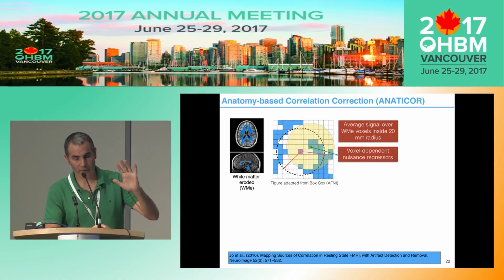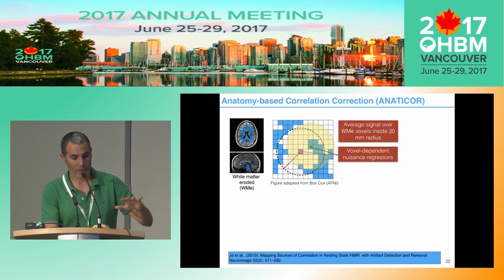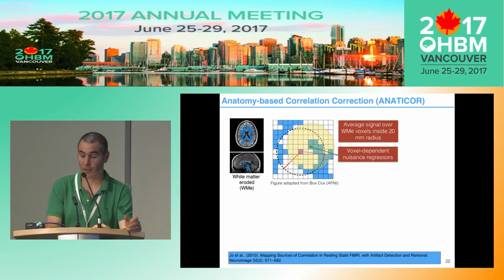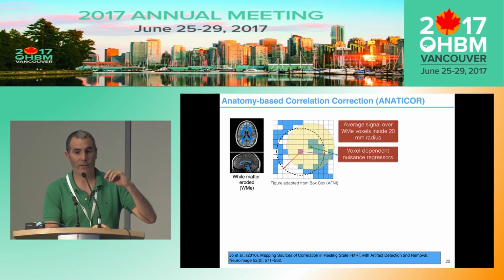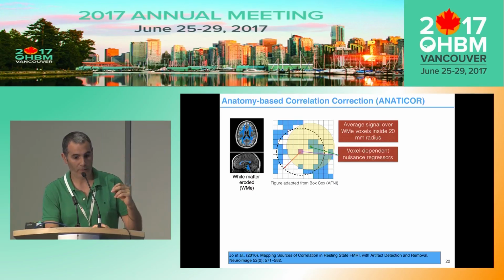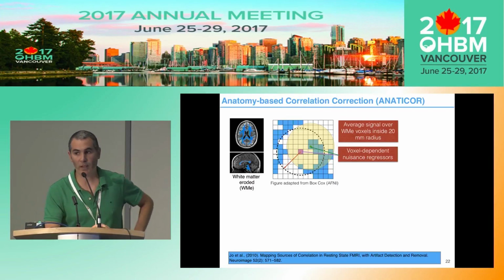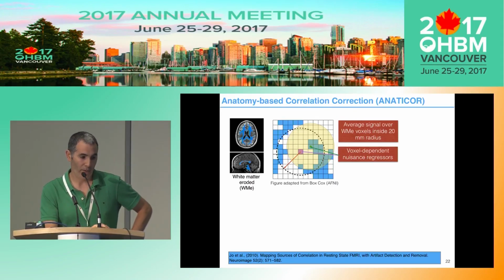But these approaches try to use the average of the white matter signal, the average of the signal in the CSF in the lateral ventricles. But if you have very localized effects, you should use a more local regression approach.